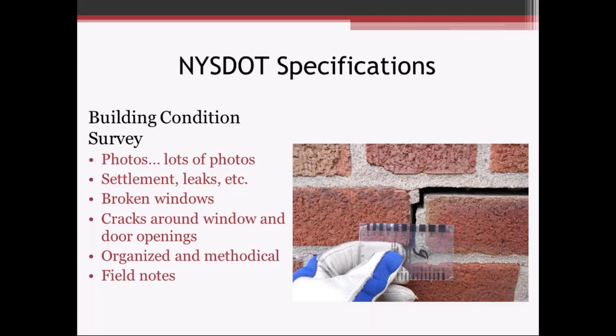Just zooming in on those cracks and those features, there's value to it, but there's not a lot of value to it. You really got to get a lot of pictures to kind of tell the story.